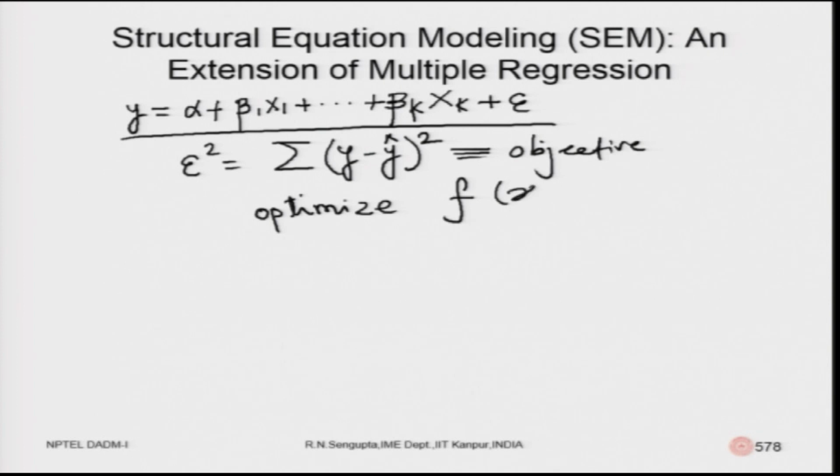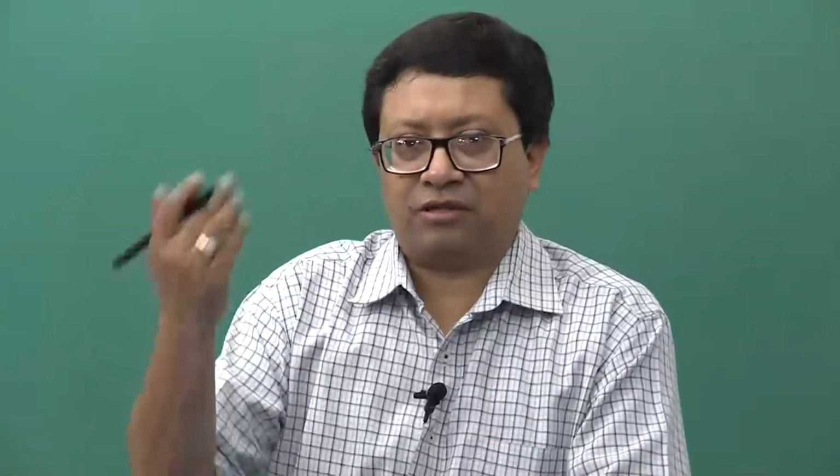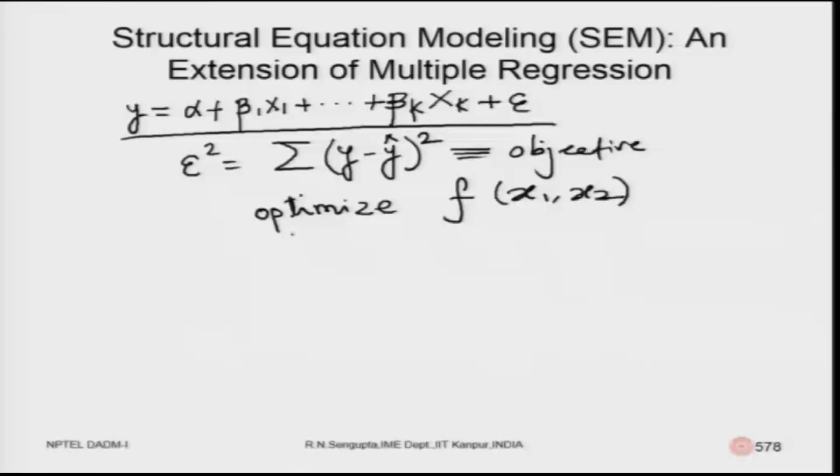So, f of x1, x2. For the time being, consider that the random variables we are going to consider in order to minimize or optimize are 2 random variables, because it will be easier for me to draw, that is the only reason. In higher dimensions it can be done accordingly.